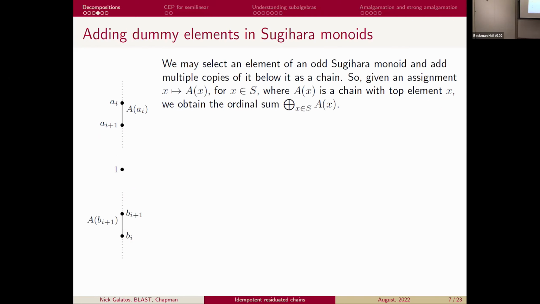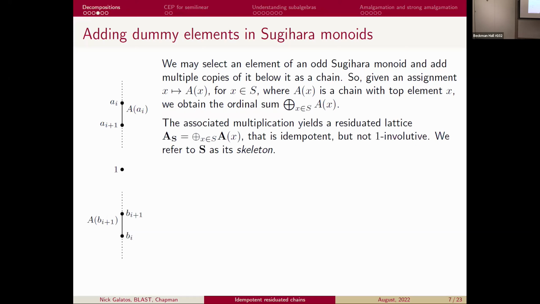Another thing you can do, in the commutative case only, safely, is the following. You can start with the odd Sugihara chain, and you can hang from any element between those two adjacent elements. Below this one, you can take any chain, A sub i, and put it there. Any chain of elements, just put it there in any place you want, or as many places as you want, as big chains or as small chains as you want, and this also gives you another one of those.